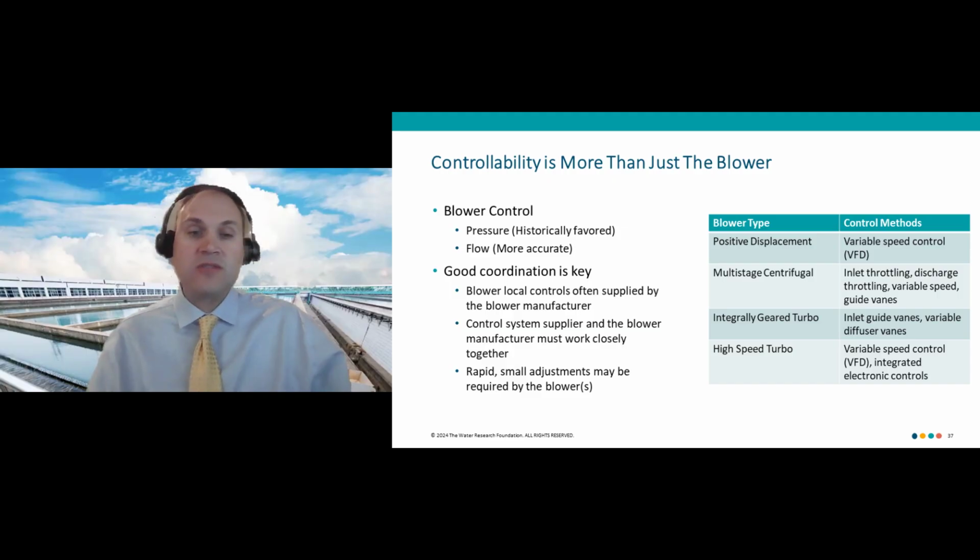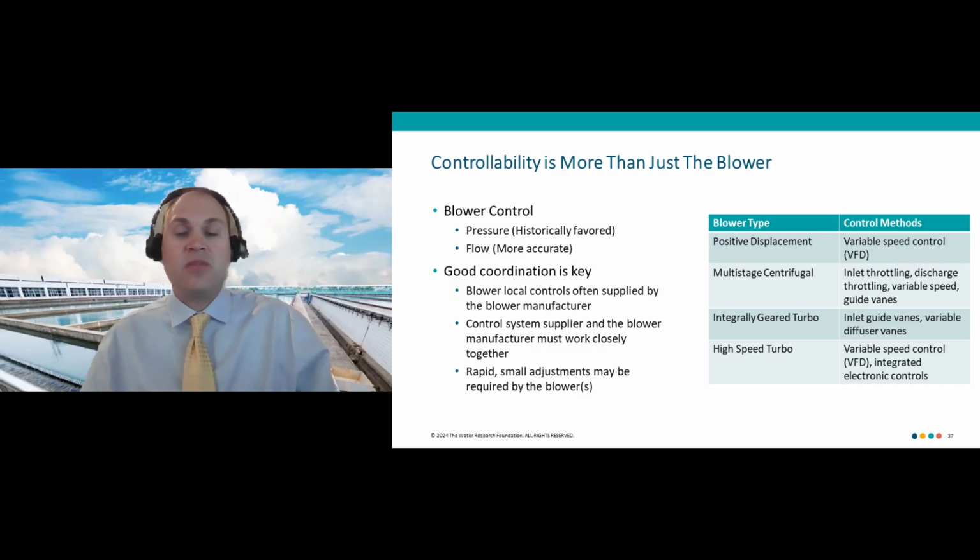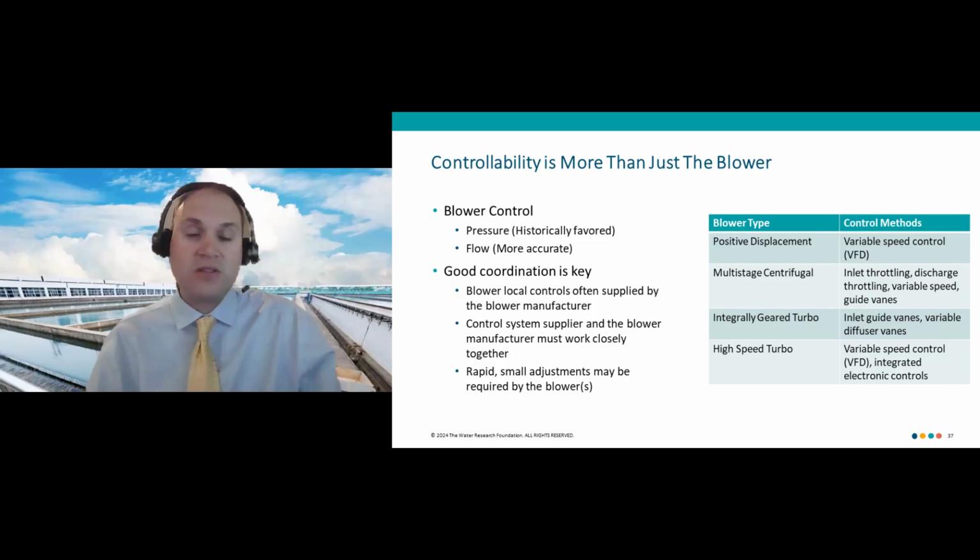Once you have your blowers under control, the real key to getting good operation across your entire aeration system is coordination. Historically, the blower local controls would be provided by the blower manufacturer, but you might have a different systems integrator that is providing the overall aeration control system. If that's the case, it's very important for those two parties, the systems integrator and the blower manufacturer, to work very closely together so that there's good coordination.